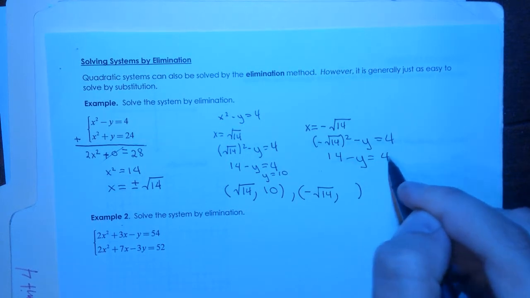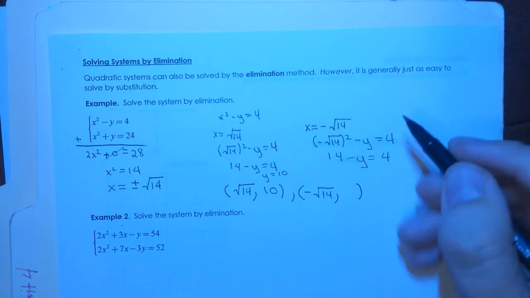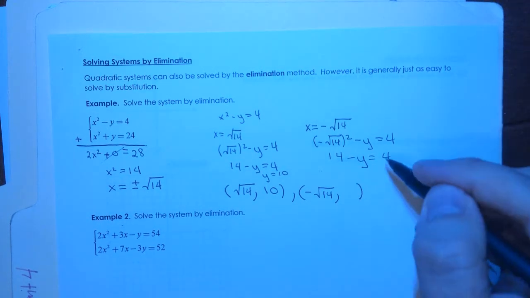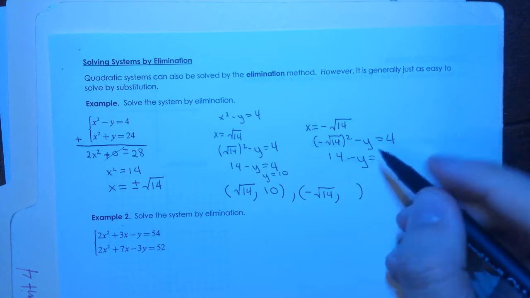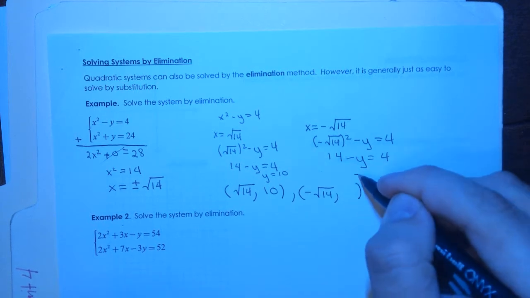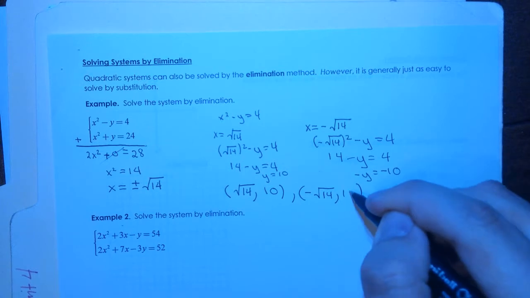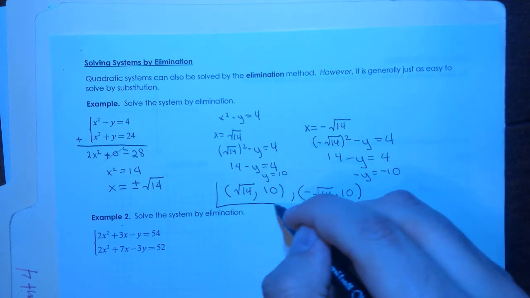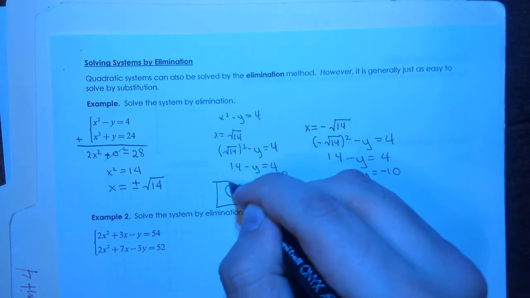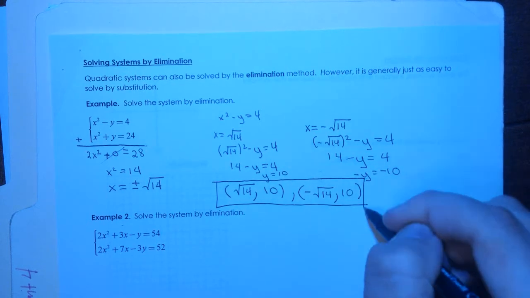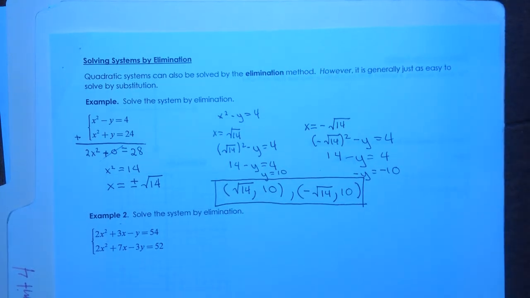So once again, I will have 14 minus y is equal to 4. And again, you can solve this by whatever means you want. We already know what y is. If you subtract 14 from both sides, negative y is equal to negative 10, which means y is positive 10. So my solutions are these two ordered pairs, square root of 14, 10, and the negative square root of 14, 10. And it's that simple.